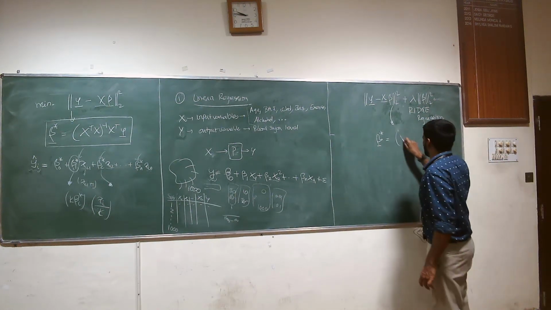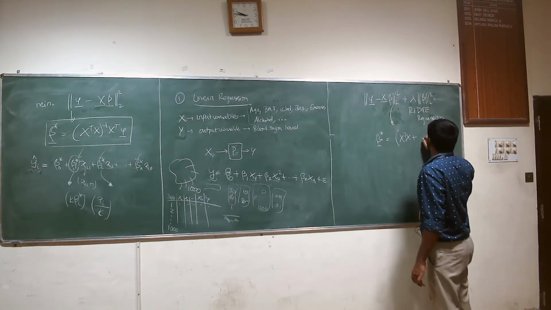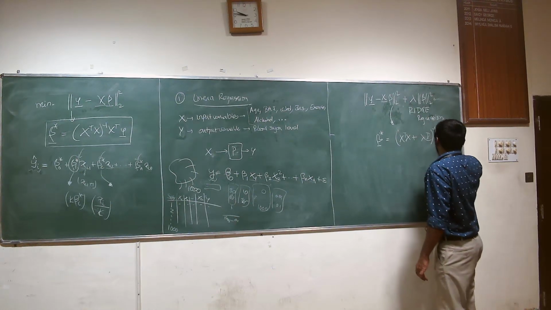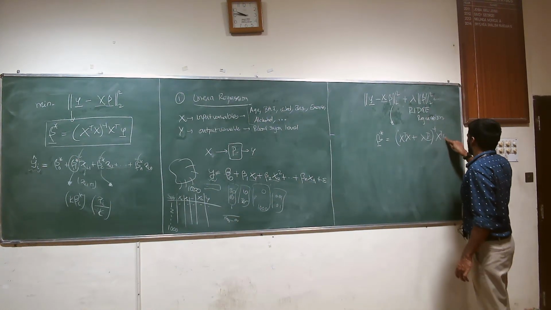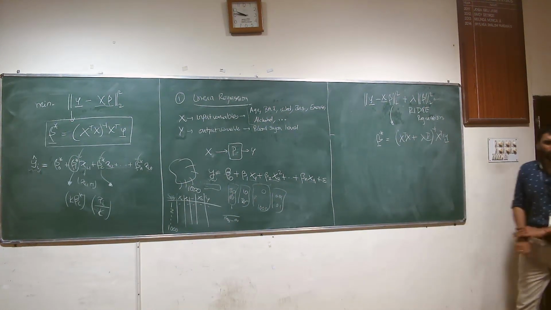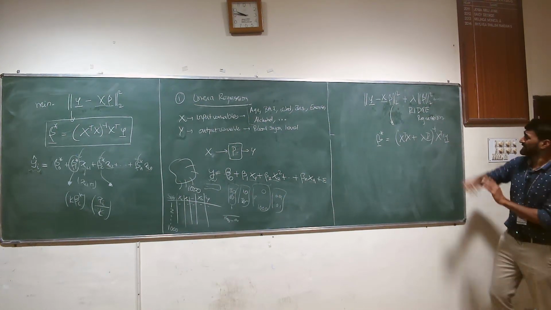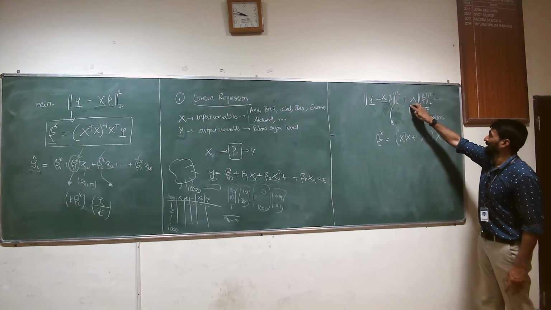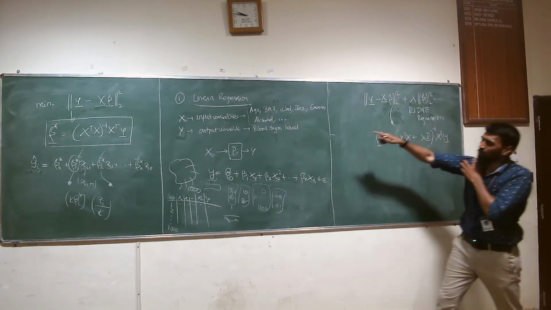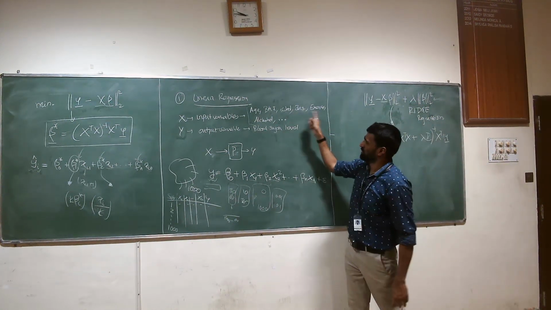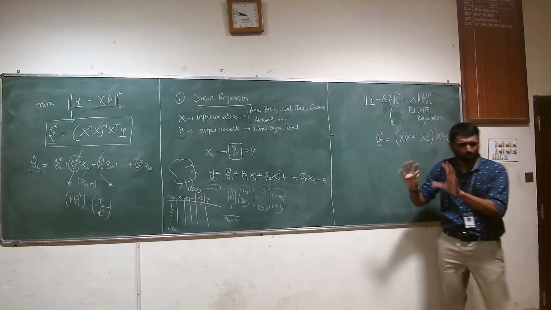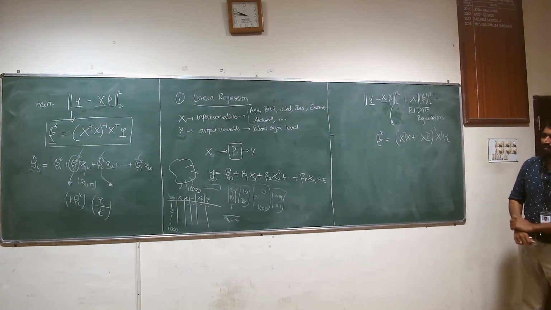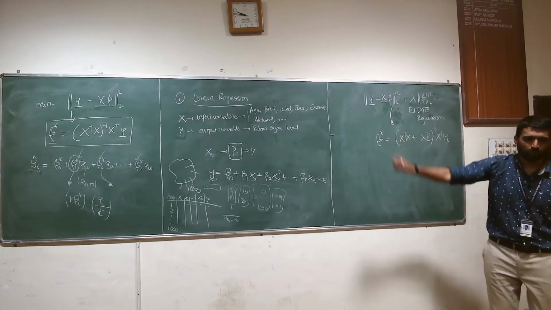The solution itself is not the interesting bit. The interesting bit is that by adding this term and choosing some lambda, you can now force the model to choose the really most important variables that relate to the output variable.